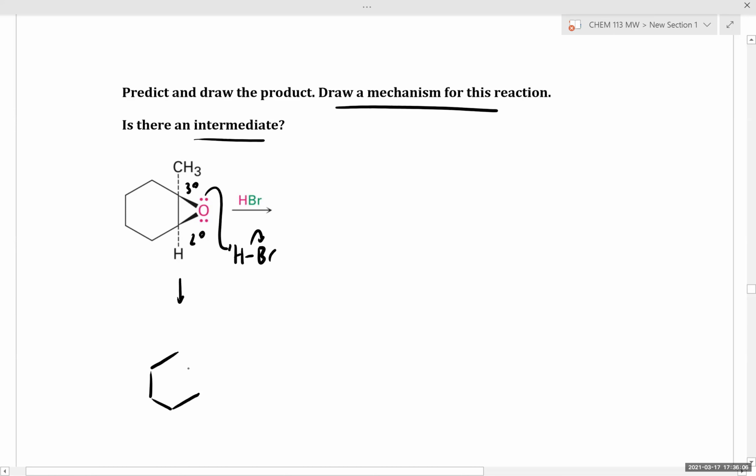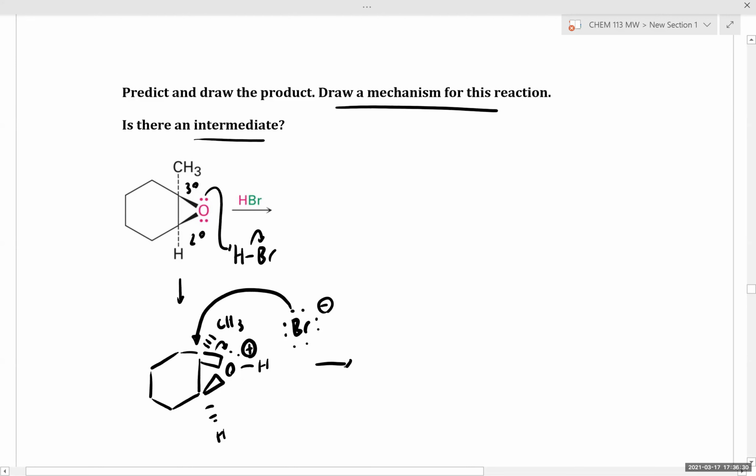From there, that in turn generates this oxonium ion. And as we discussed, under acidic conditions, the tertiary carbon is the most reactive carbon. So we see an attack that follows Markovnikov regiochemistry. We attack the carbon that can most readily stabilize a cationic charge.